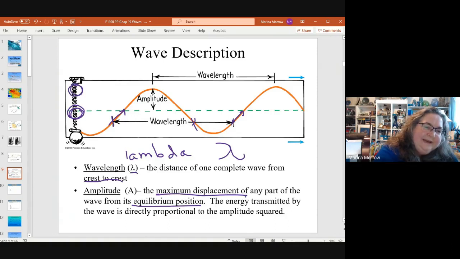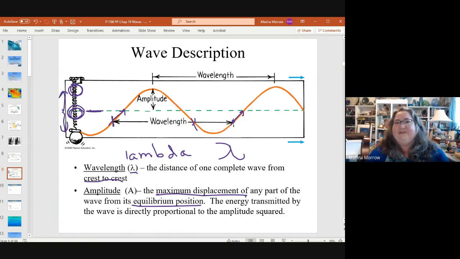Okay, so it bobs down this far and up this far. So the maximum displacement is from that initial starting point where it was at rest. That's its equilibrium position. So amplitude, you can see, is just measured from the center line to the crest, or from the center line to the trough. Those should be equal.